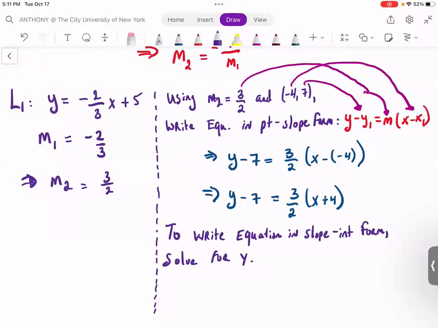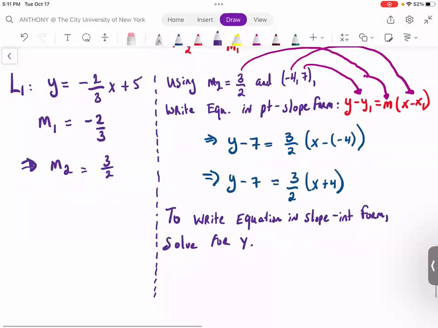In order for you to solve for y, you just rewrite the line that's above, where the y is isolated by itself, right? So observe, just rewriting what we had in the previous line: y minus 7 equals 3 halves times x plus 4. You are going to distribute the 3 halves inside the parentheses.